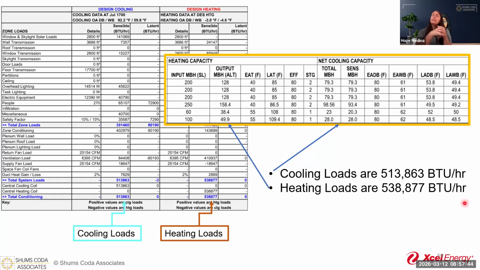And one of the things the energy code does say is that obviously we aren't going to have a single piece of equipment that is 538,877, right? So what it says is get the next size so that we're as close to it as possible.